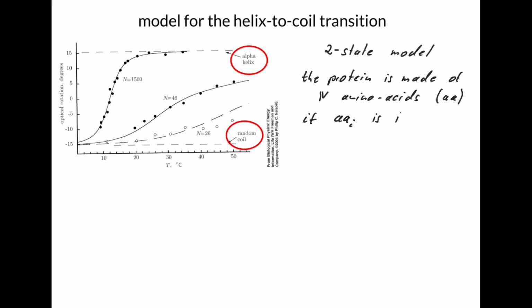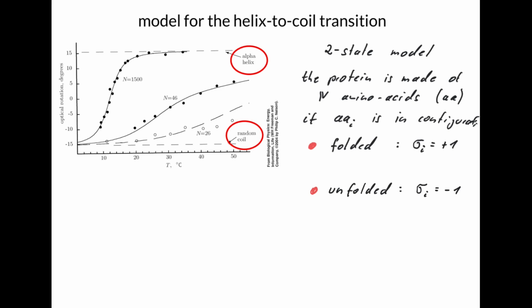And we assume that we can assign any amino acid, AA_i, to be either in the folded state, characterized by sigma_i of +1, or in an unfolded state, where sigma_i is -1. Now for folded, we assume that it's in a helical state, where for unfolded, it's called the coil state, which is just a random polymer.